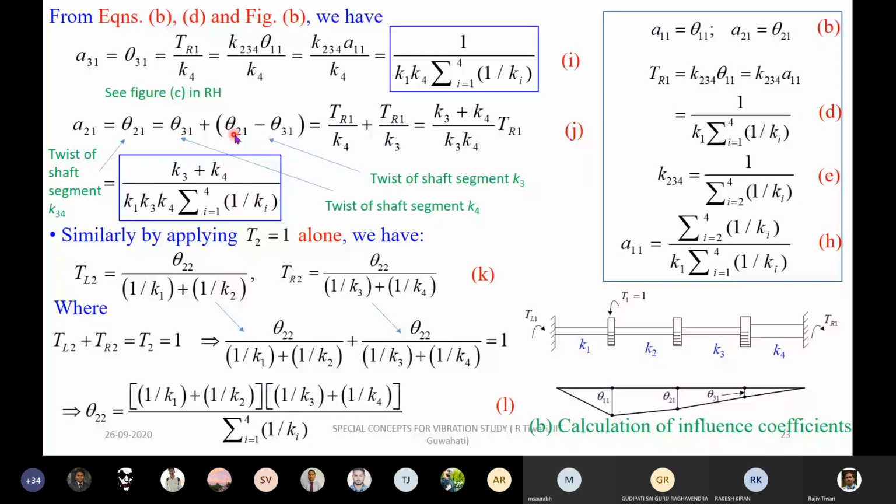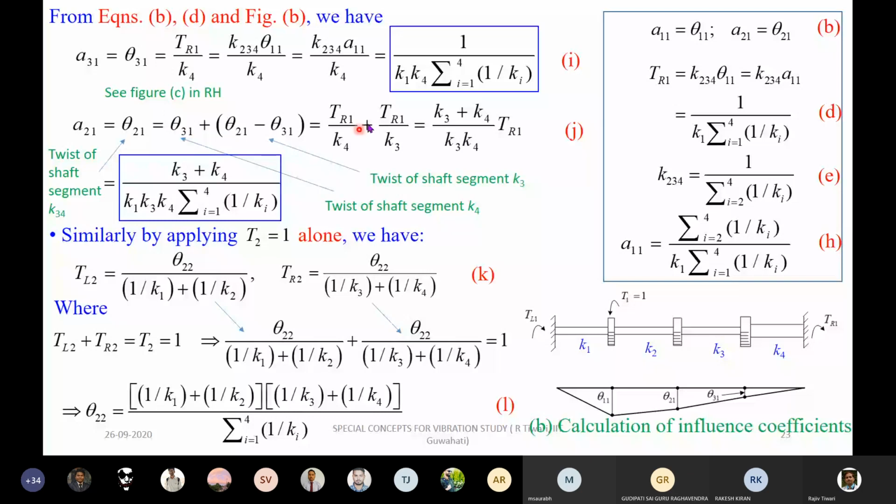Theta 31 is the displacement of the third disk, and theta 21 minus theta 31 is the relative displacement of these two. So either approach: you divide theta 21 by the equivalent stiffness of this, or you divide this into two parts. And once I represent this as theta 31, this I already obtained earlier.